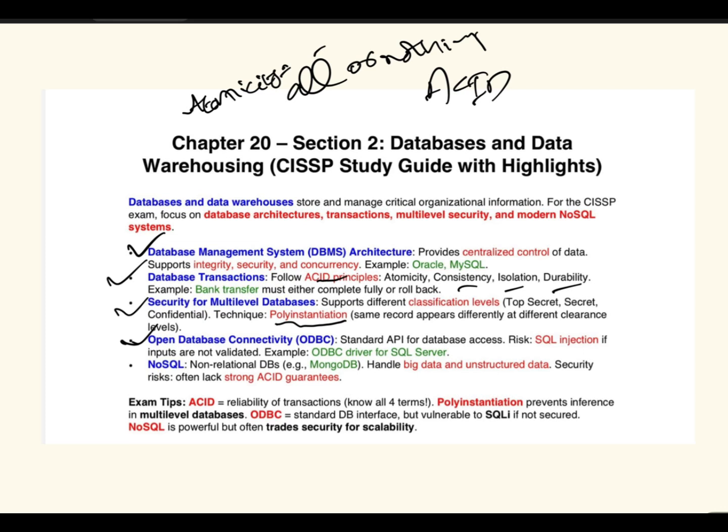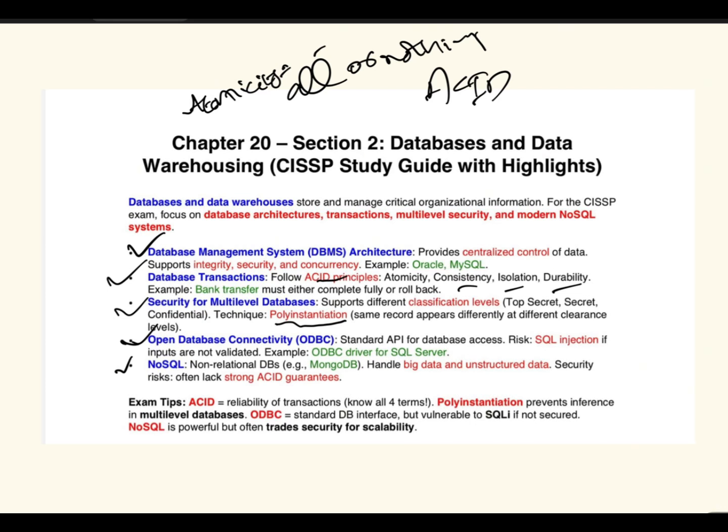NoSQL means non-relational database designs for big data and unstructured information, for example, documents, key-value pairs, and graphs. Security risks: when we talk about the ACID principle, NoSQL often lacks full ACID compliance.